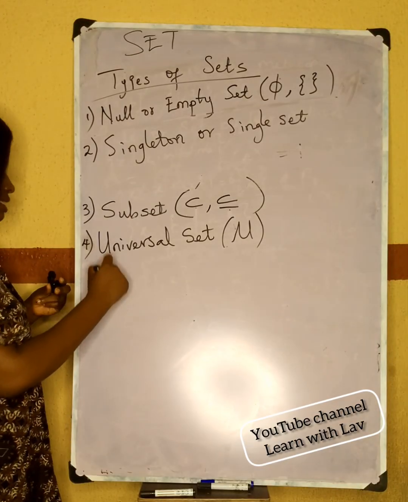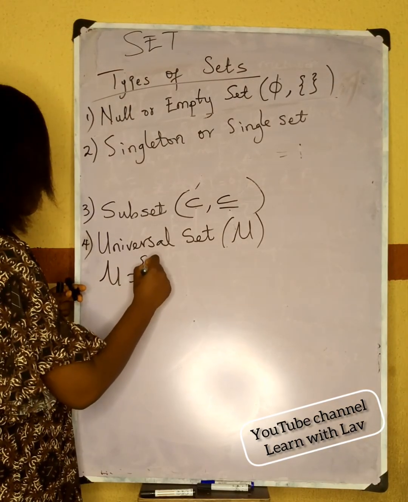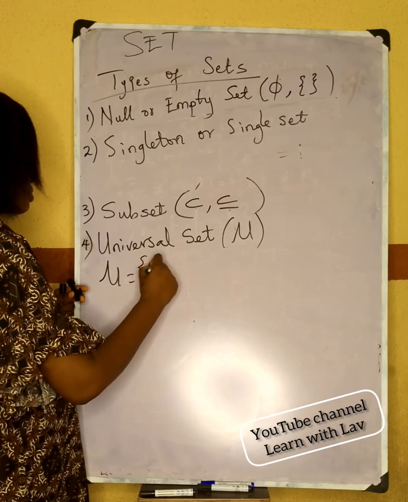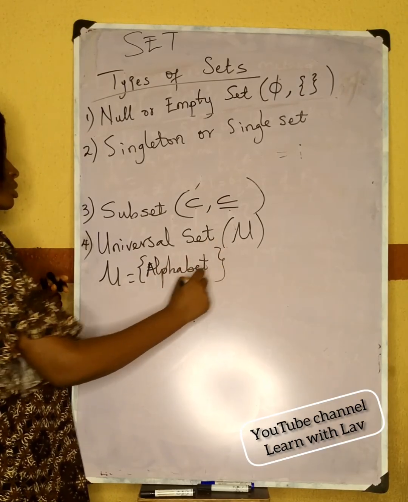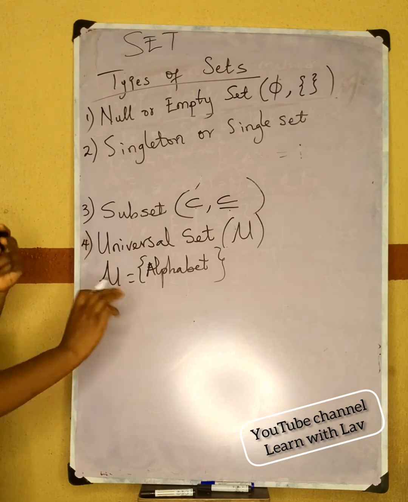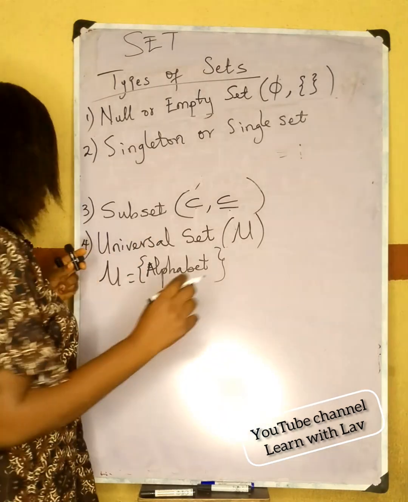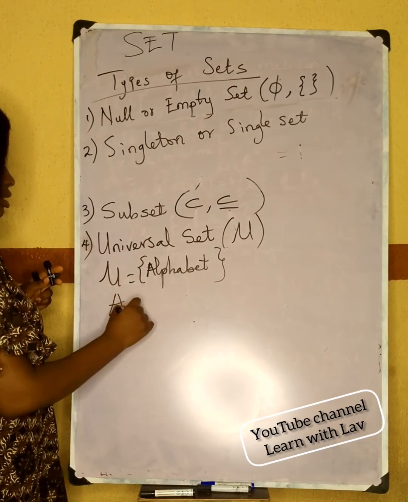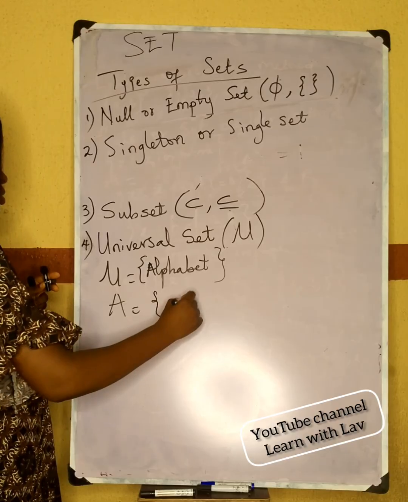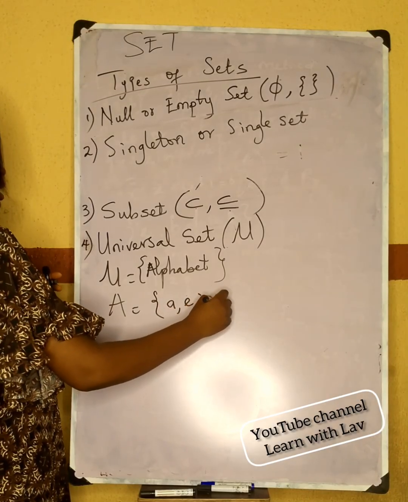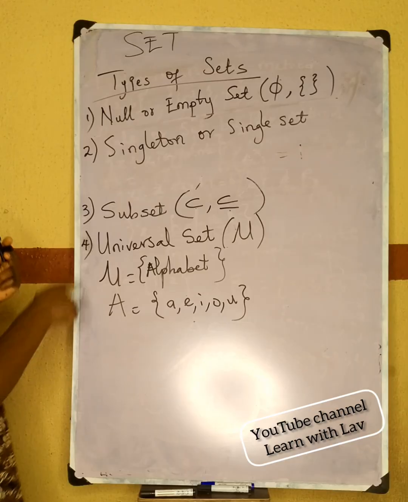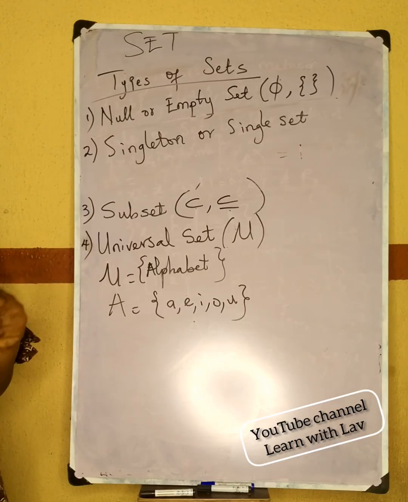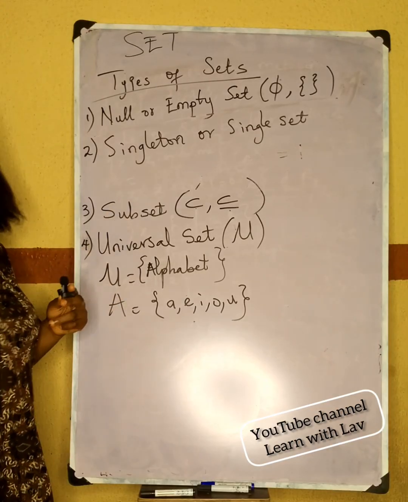So if my universal set is a set of English alphabets, I'm using set builders now. I don't want to start listing English alphabets. So a set A can just be vowels. It's a subset of this universal set because all vowels are still alphabets.